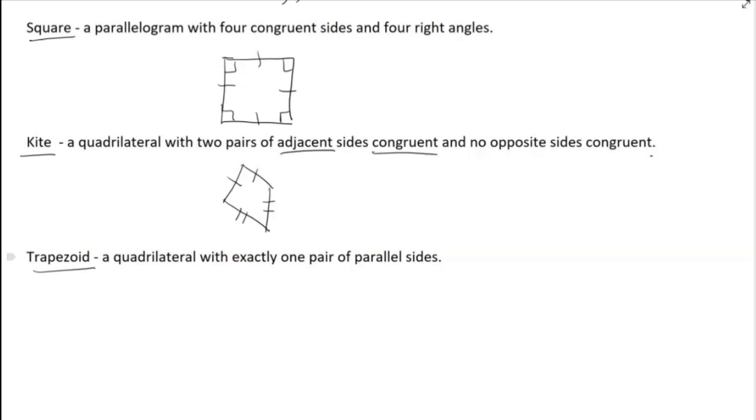Finally, we have a trapezoid, and a trapezoid is a quadrilateral with exactly one pair of parallel sides. So this would look something like this. Okay, but then we also have a special type of the trapezoid, and that's called an isosceles trapezoid.